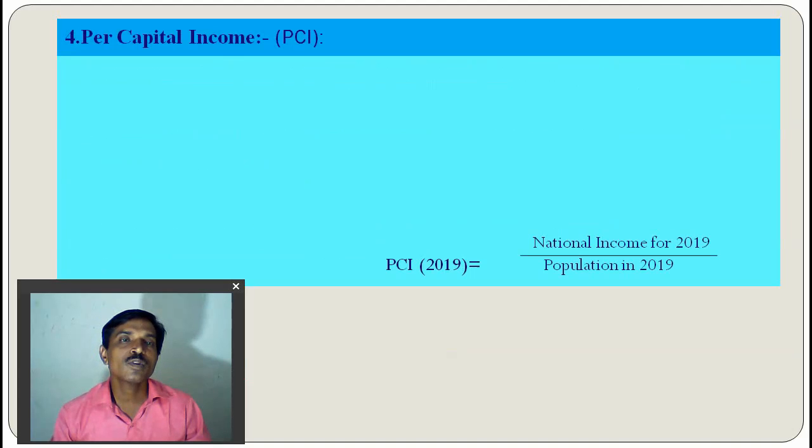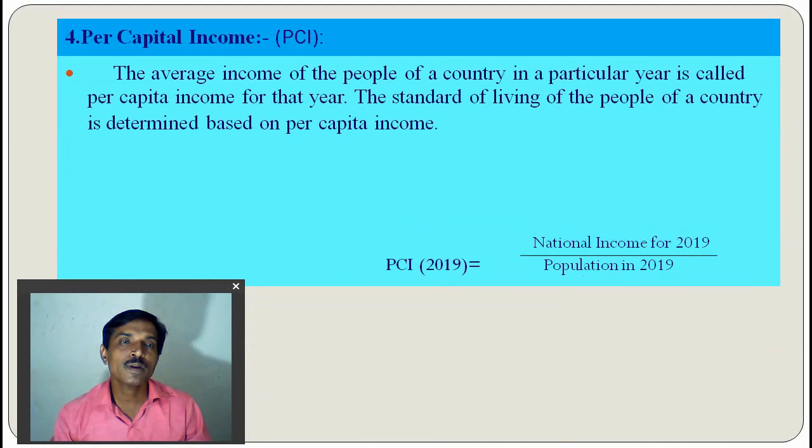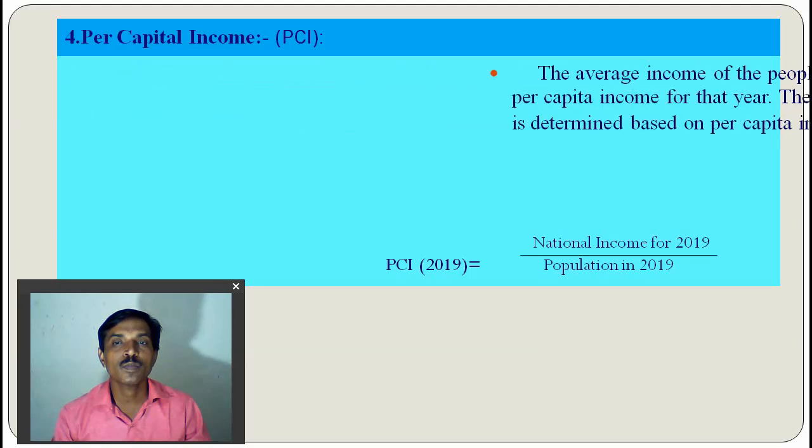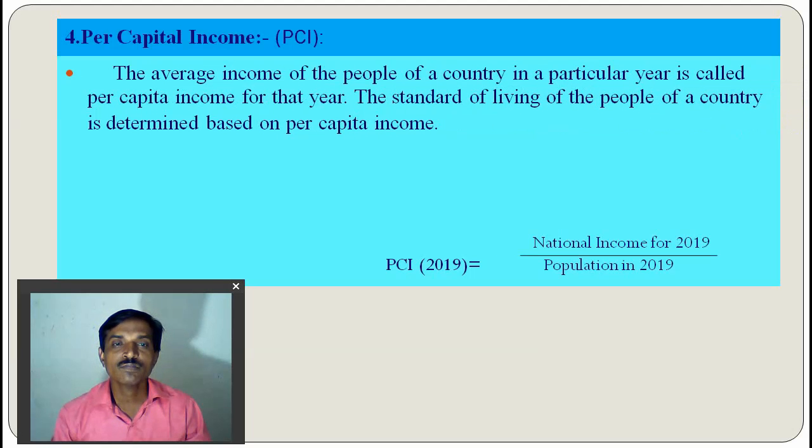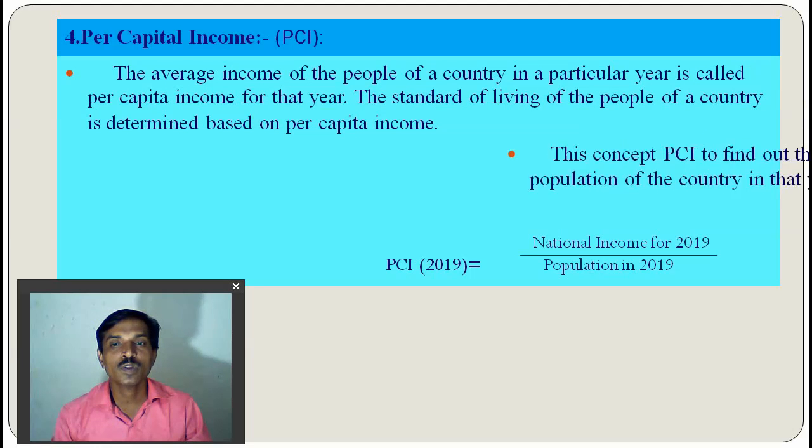The next concept is about per capita income. The per capita income is the average income of the people of a country in a particular year. The standard of living of the people of a country is determined on the basis of the per capita income. The average income or the standard of living depends upon the per capita income.